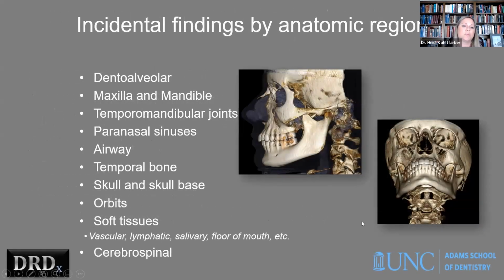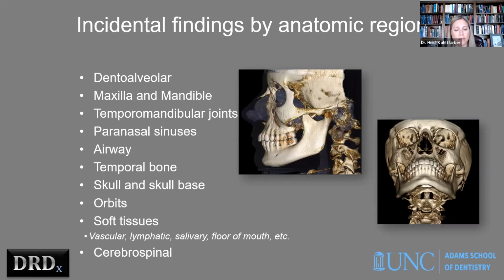Okay, so we wanted to break it down by some of our anatomical regions. And because there are so many things that we tend to see, I'm going to go pretty fast through some of these. Some of these may not necessarily affect you. So definitely dental alveolar, maxillomandible, temporomandibular joints, paranasal sinuses, airway. For today, we're going to go ahead and skip the temporal bone.